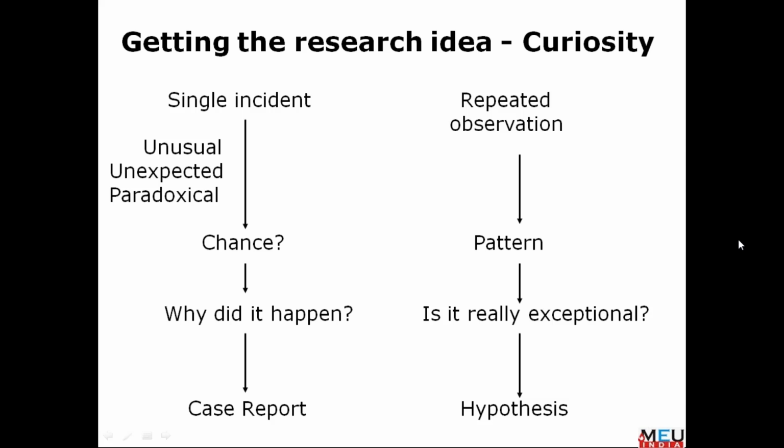If we see these happenings repeatedly, we try to see the pattern and find out whether it is really exceptional, and we think of the causation and create a possible hypothesis: is this the cause of this?